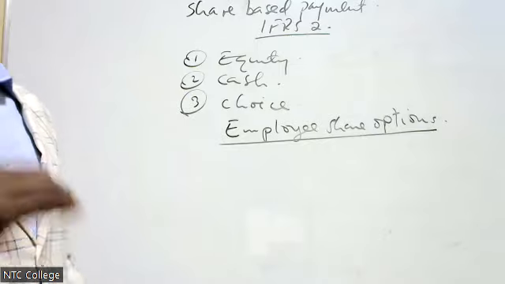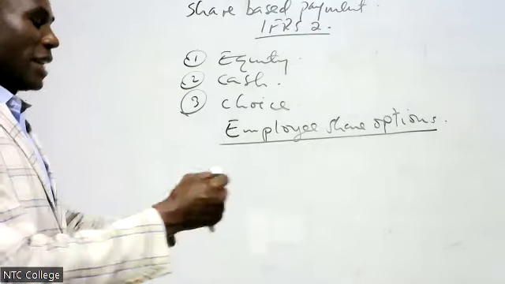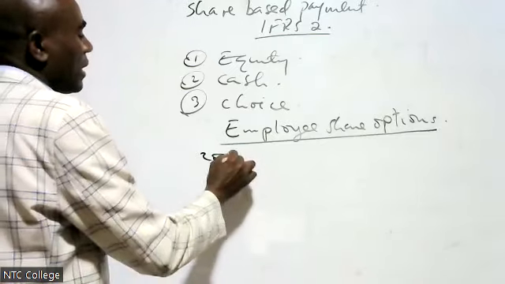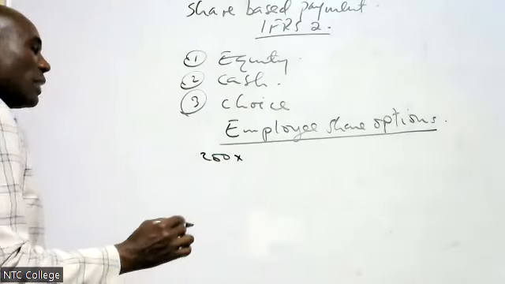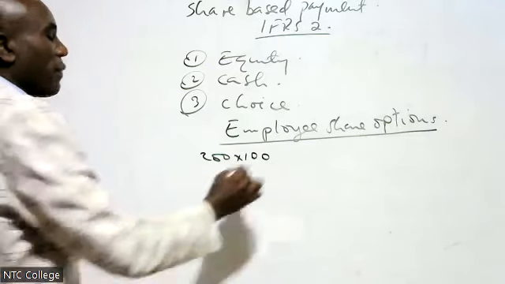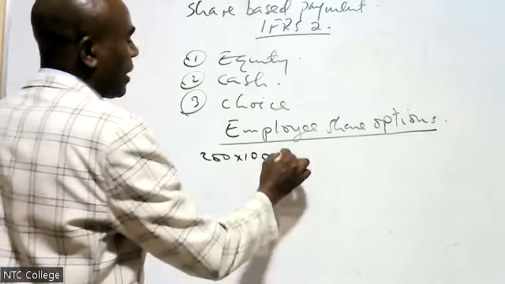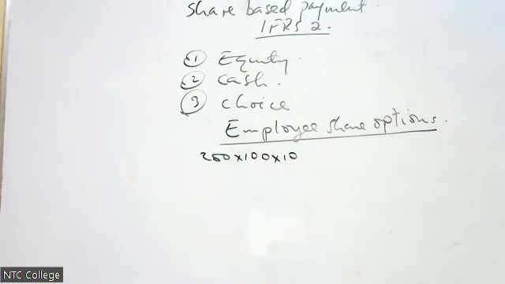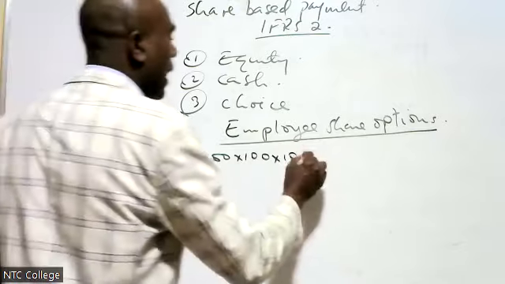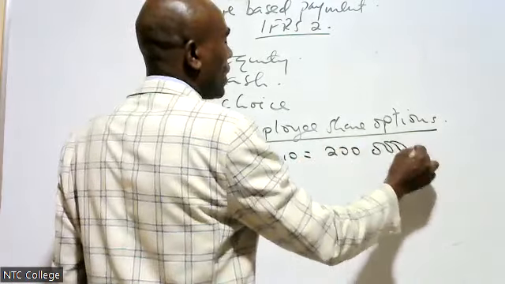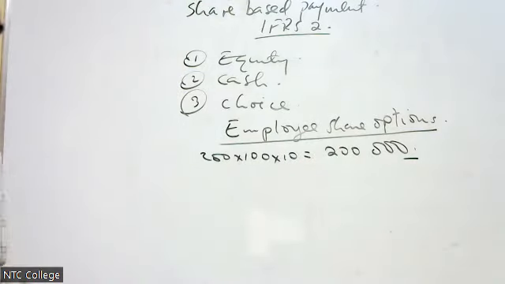Like I was giving you an example in the previous class, for example, you have 200 employees, then the options per the rights, the privileges you are giving, is 100. Then the fair value of the shares is 10. Therefore, the company is going to pay 200,000 to these employees.